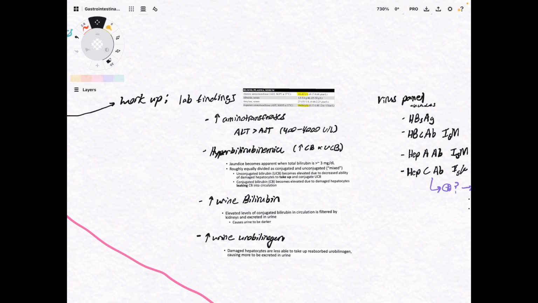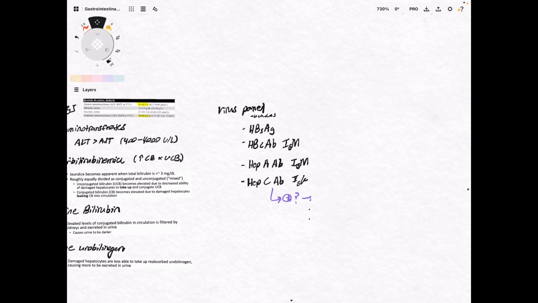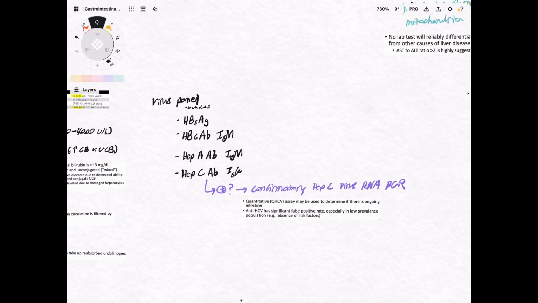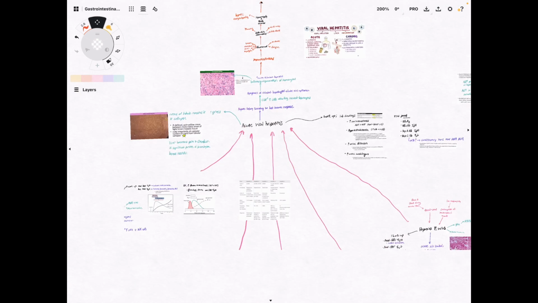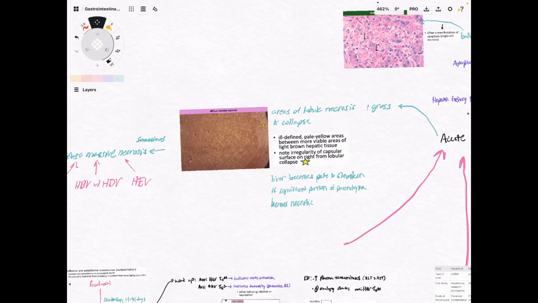So less is taken up into the liver, and more is excreted in the urine, and that's why that is. This is just a quick thing to notice of what you order whenever you actually order a virus panel for hepatitis. You can see some Hep B, some Hep A, some Hep C. We're going to go into more of that when we go into the specific viruses.